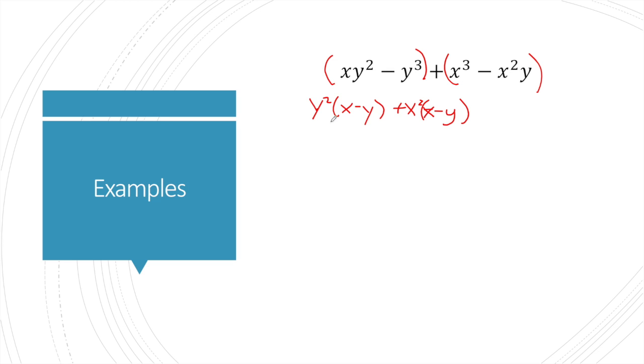That gives me y squared plus x squared, which is the sum of 2 squares, so it cannot be factored anymore, times x minus y. So that is how we would factor this example by grouping.